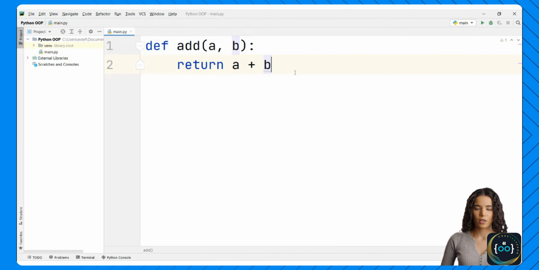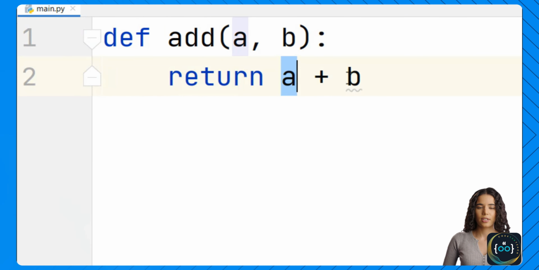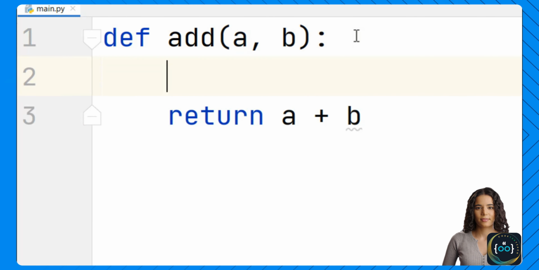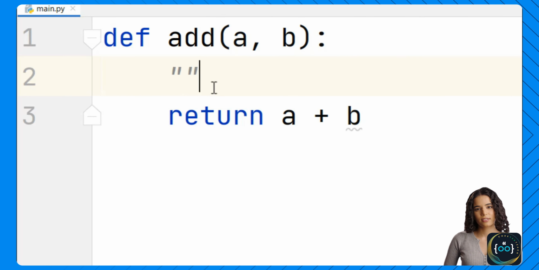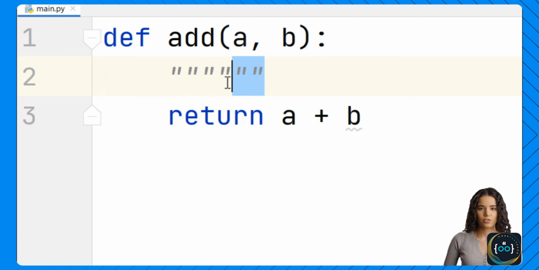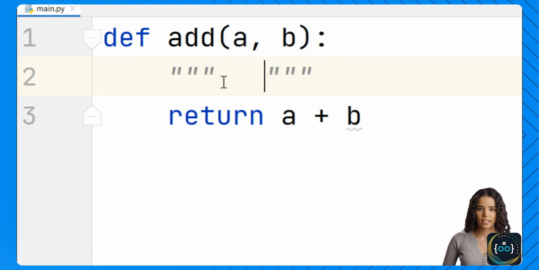Right here, we have an example of a very simple function that adds two numbers, a and b, and it returns that sum. Let's say that we want to add a docstring. We just click enter after the first line, the function header, and we are going to write triple double quotes, okay? PyCharm automatically adds the closing quotes right here, and in the middle, we just have to add some spaces and start writing our docstring, our description.